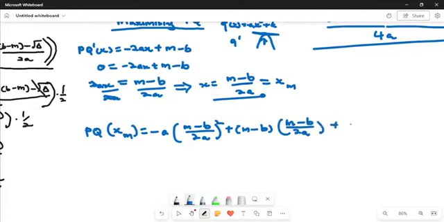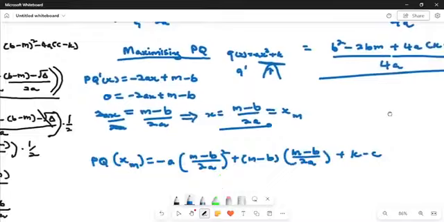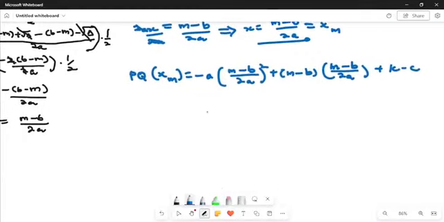Then we have plus k minus c. Yeah. Now let's simplify this expression. I'll just say minus a, then I will not expand that, I'll just keep it simple. And then this will be 4a squared, and the a's will cancel.